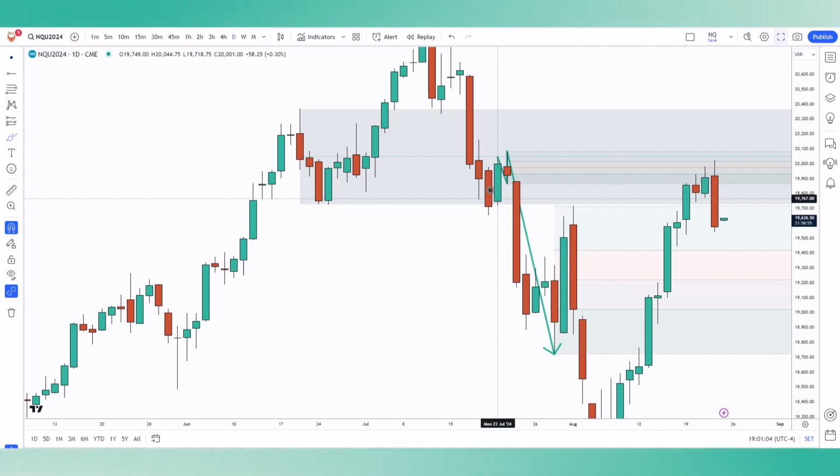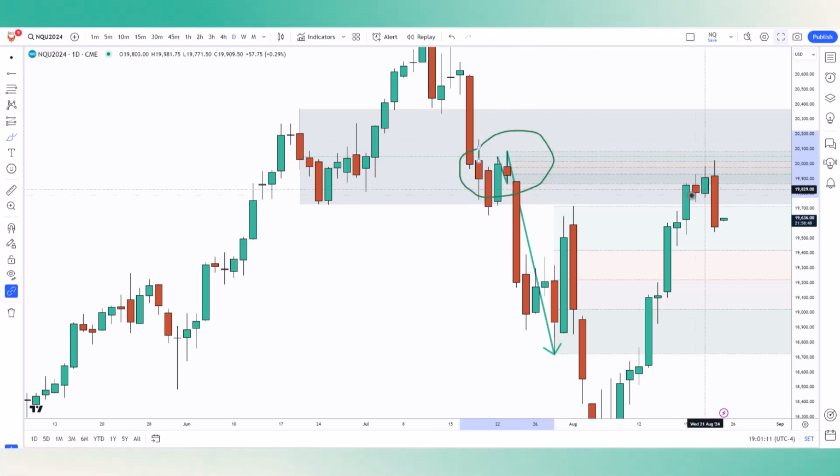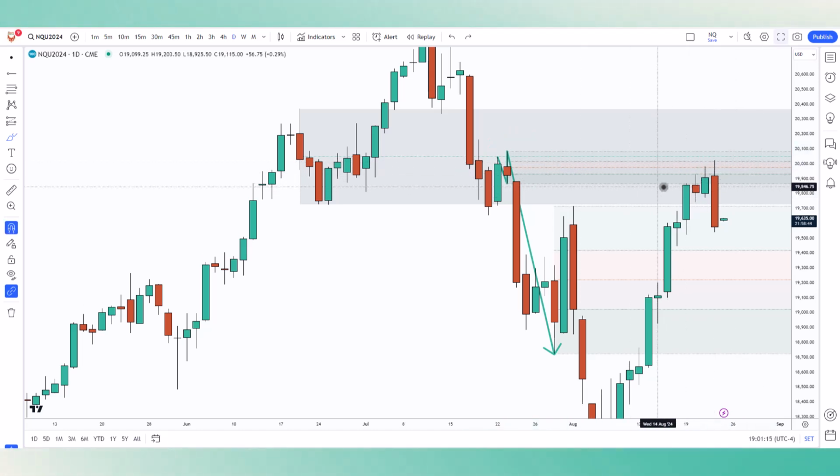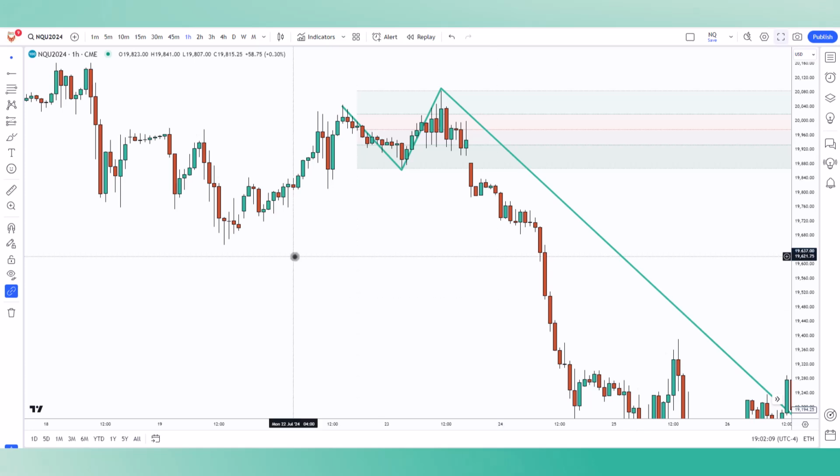So this is considered a powerful swing that was unmitigated. And you know the rules of the 30, 50, 70, you know that, and we had today a perfect mitigation. This is how the setup that I'm talking about looks like on the hourly time frame.